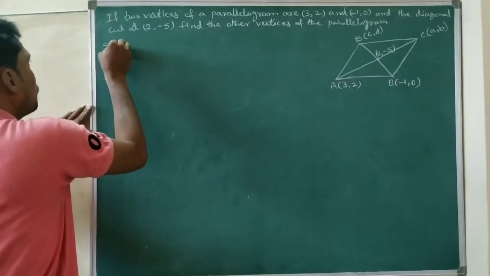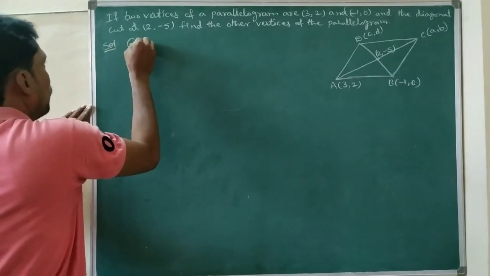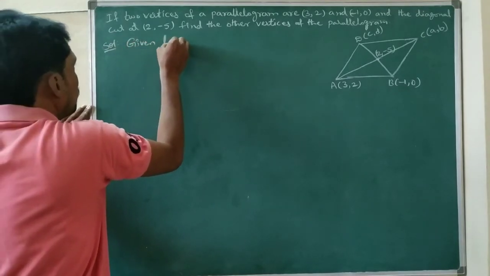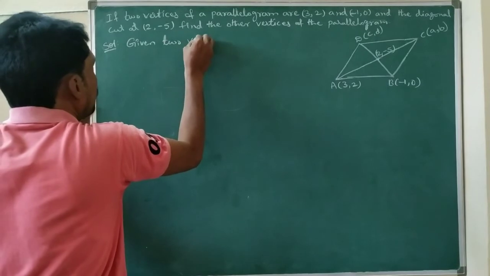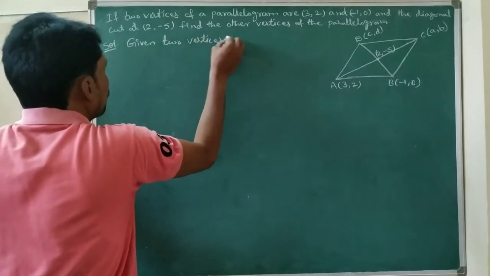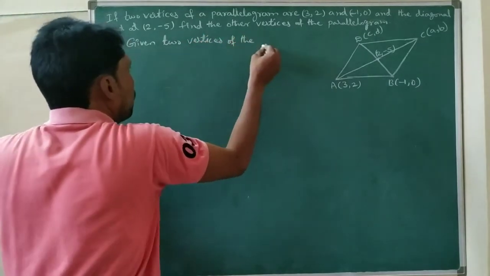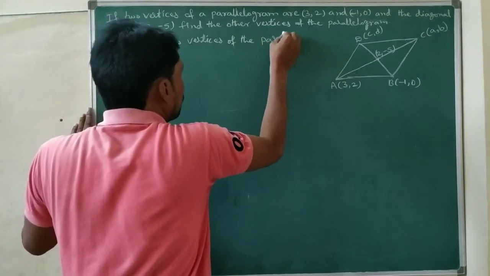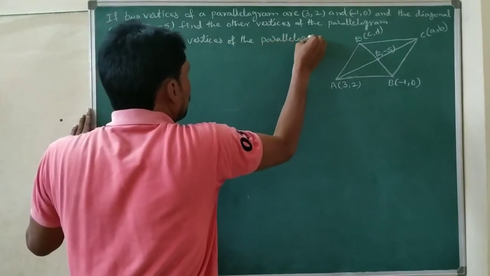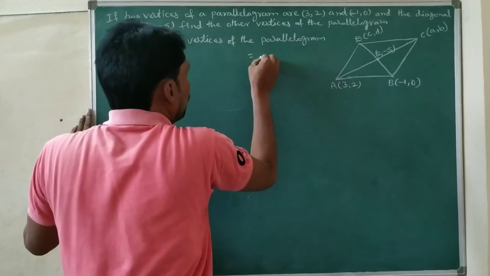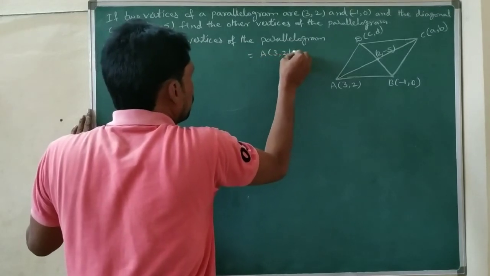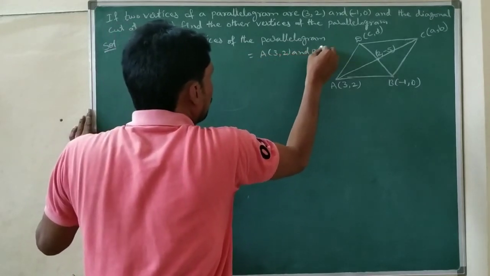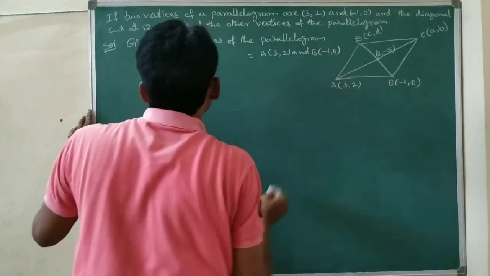Solution. Given two vertices of the parallelogram, A of 3, 2 and B of minus 1, 0.